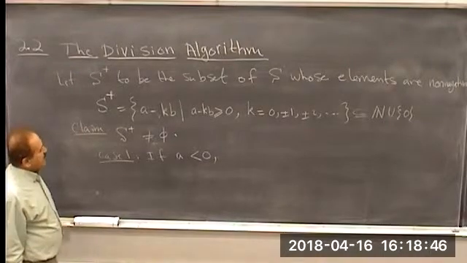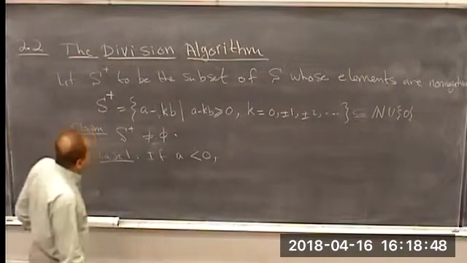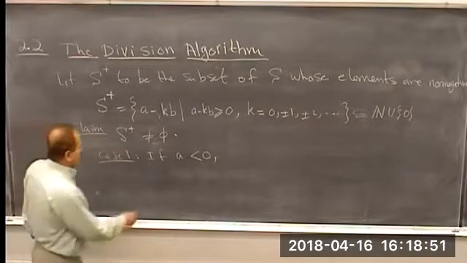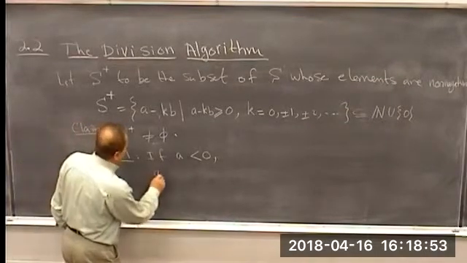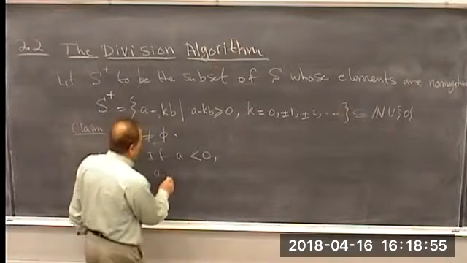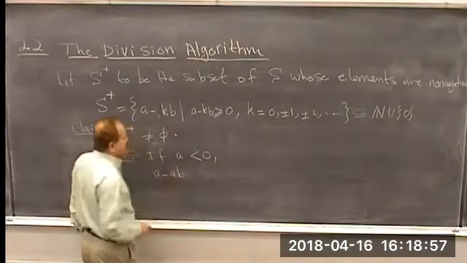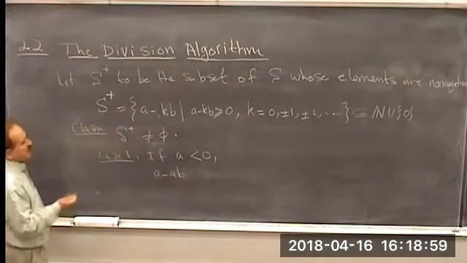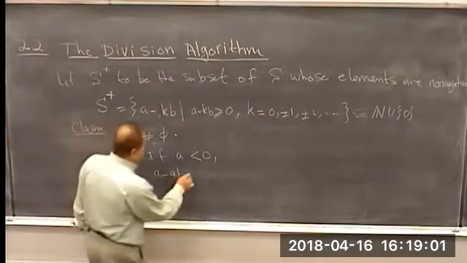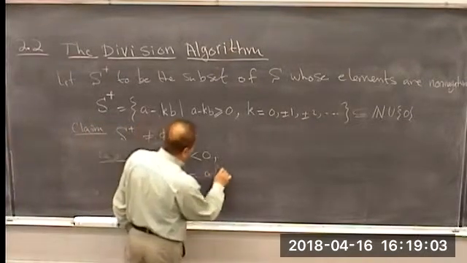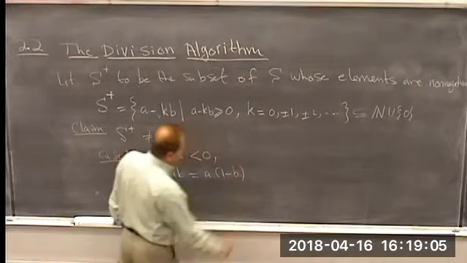If A is less than 0, then let's look at the number A minus AB, where I take K to be equal to A. This is equal to A times (1 minus B).